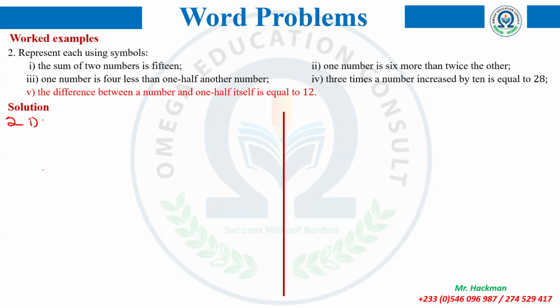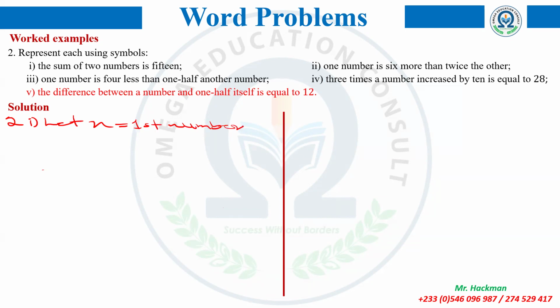We will have to represent the unknown by what? A variable. So you will let x be equal to your number. So the sum of two numbers, let's talk about the first number. Is that clear? Point well made? Yes, professor.